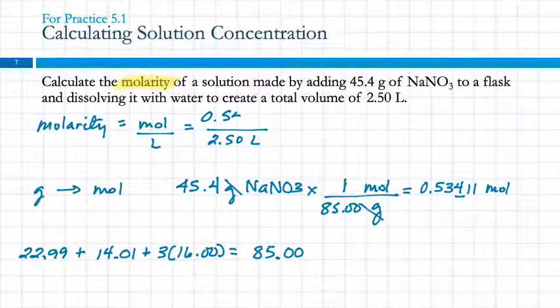So I can't even copy things correctly. And then I just divide. I take that number of moles and divide by 2.5.